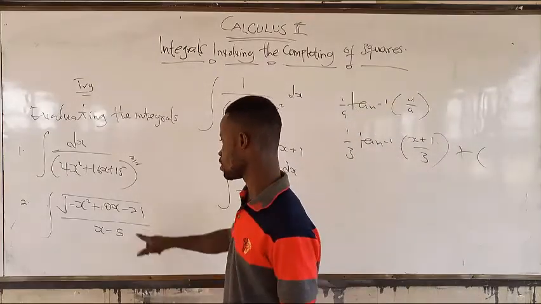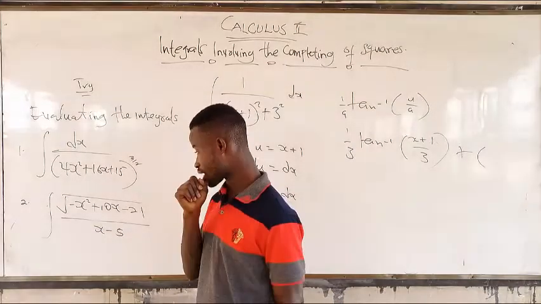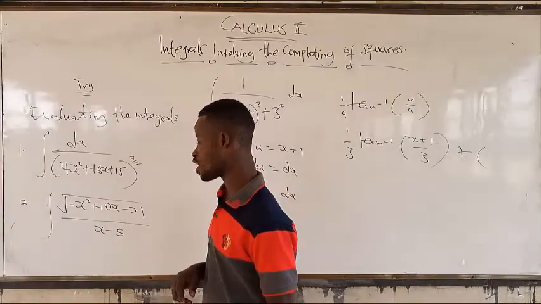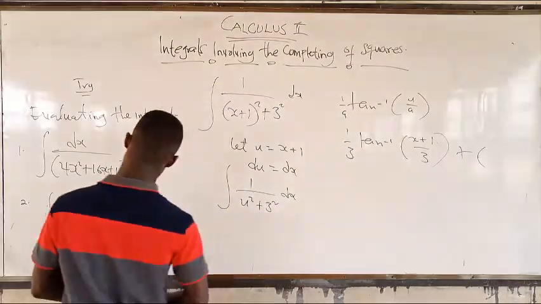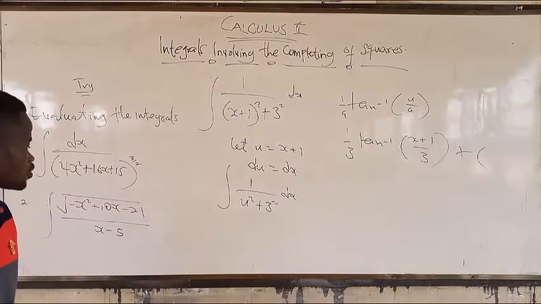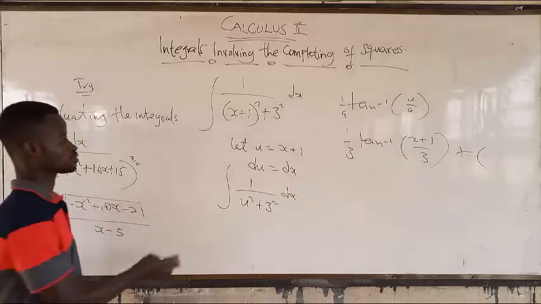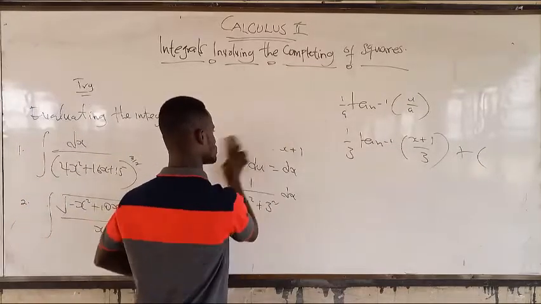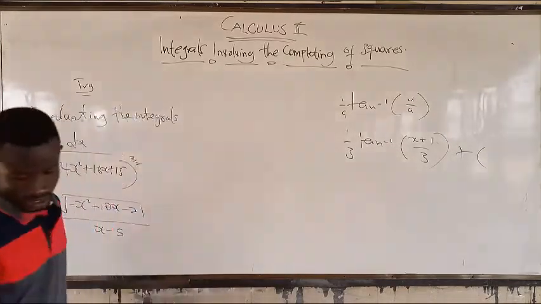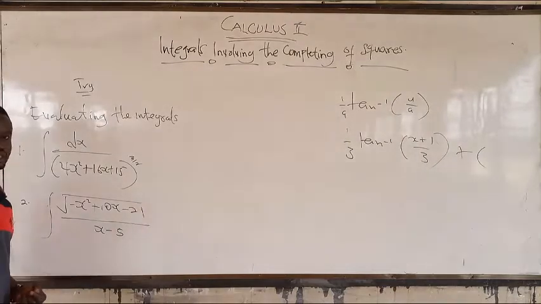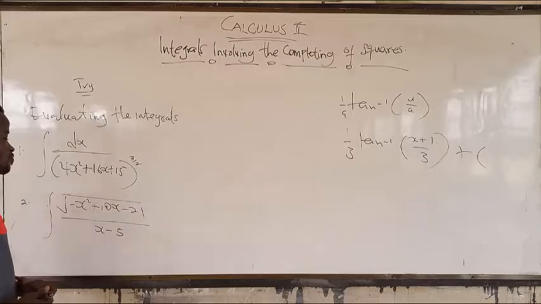Now watch, with this, clearly you can see something here. This is not in the form of this, so you have to think through this one more. Even though it will be the idea of completing the squares, something is chipping in here first.